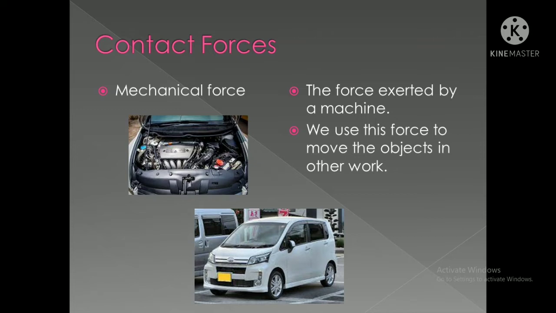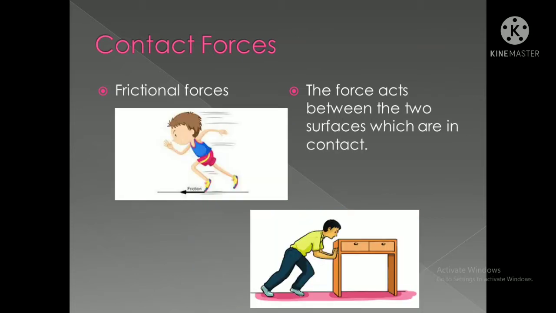First we have learned mechanical force. The next force is frictional force. Frictional force is the force that acts between two surfaces. Now what can you understand by the first and the second picture? In the first picture, the boy is running, isn't it?